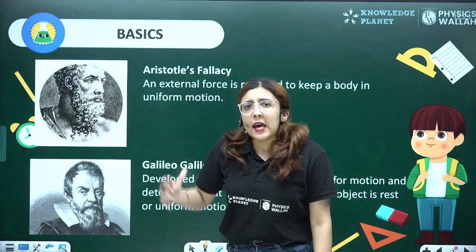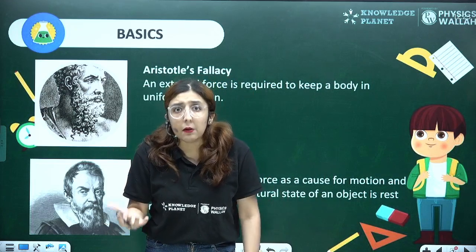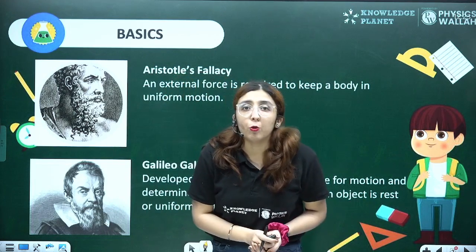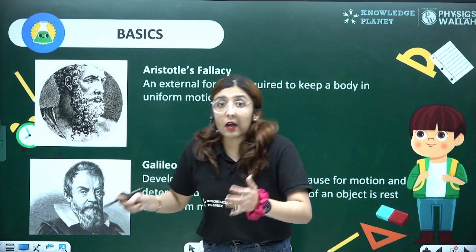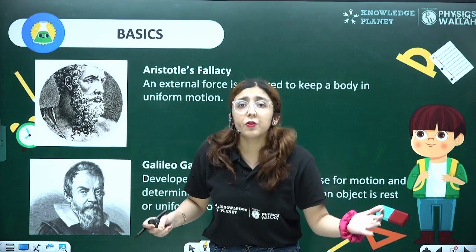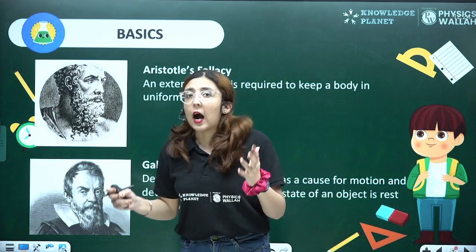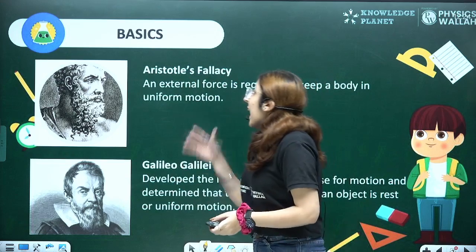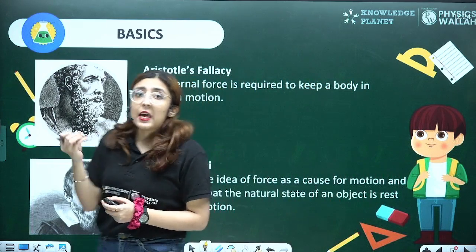So everyone, in this chapter, although we are pretty much into laws of motion and Newton's laws of motion, but before Newton, there were some scientists, some philosophers, who actually stated something. So they gave some statements regarding force. So what happened? Aristotle, yes, he gave the first fallacy. Why fallacy?